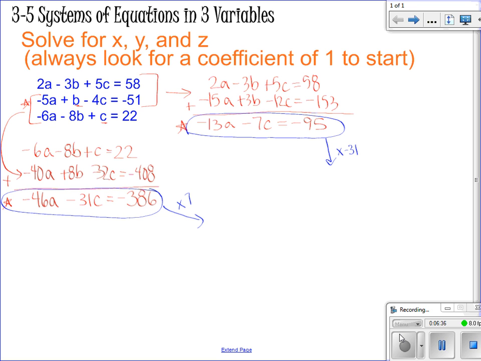So on this equation first, what would my three numbers be? Did you say 45? Everyone else good with these three numbers?